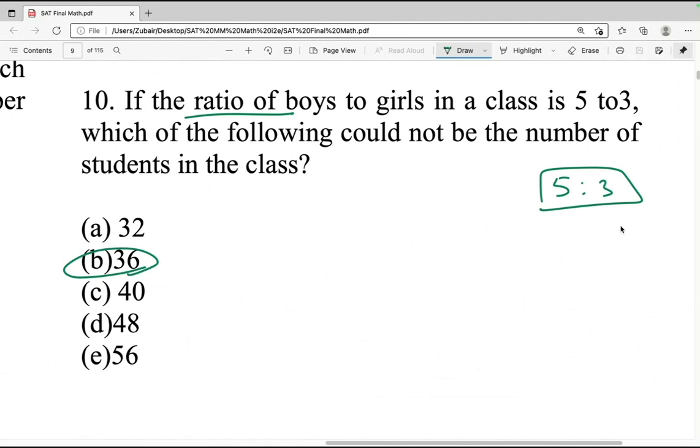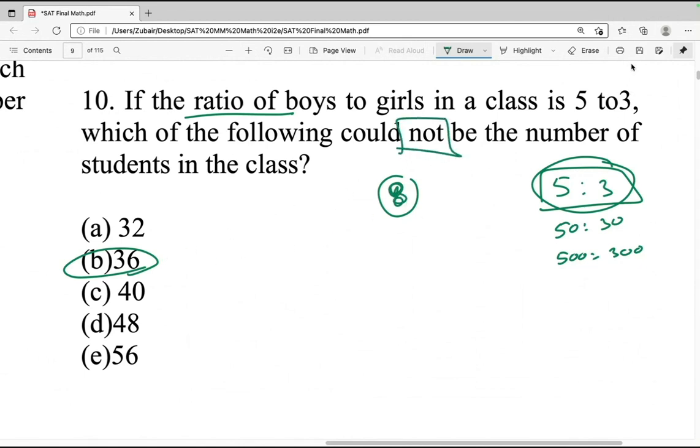So it may be 50 and 30, it may be 500 and 300, it could be anything. But this ratio totals up to 8. So whatever it is, it is a multiple of 8, and 36 is not a multiple of 8. So that could not be an option.